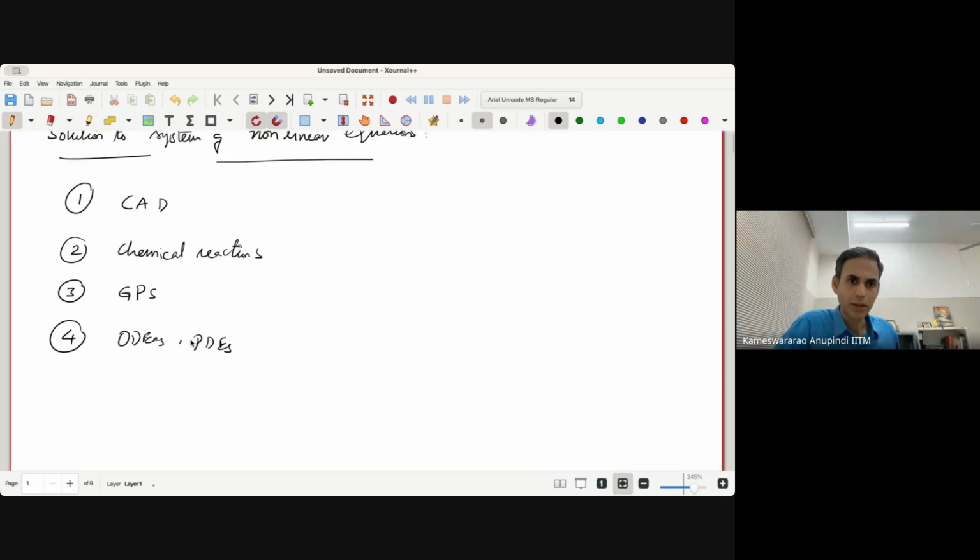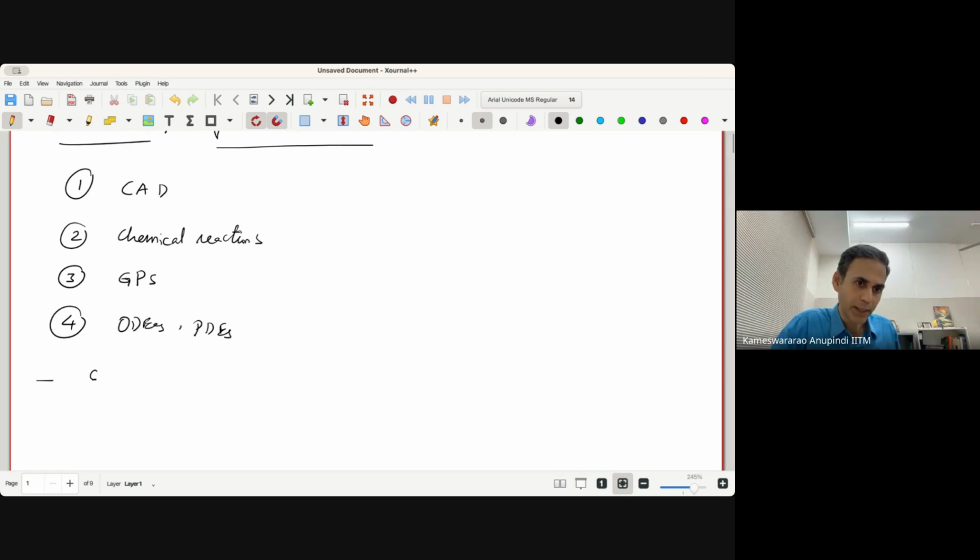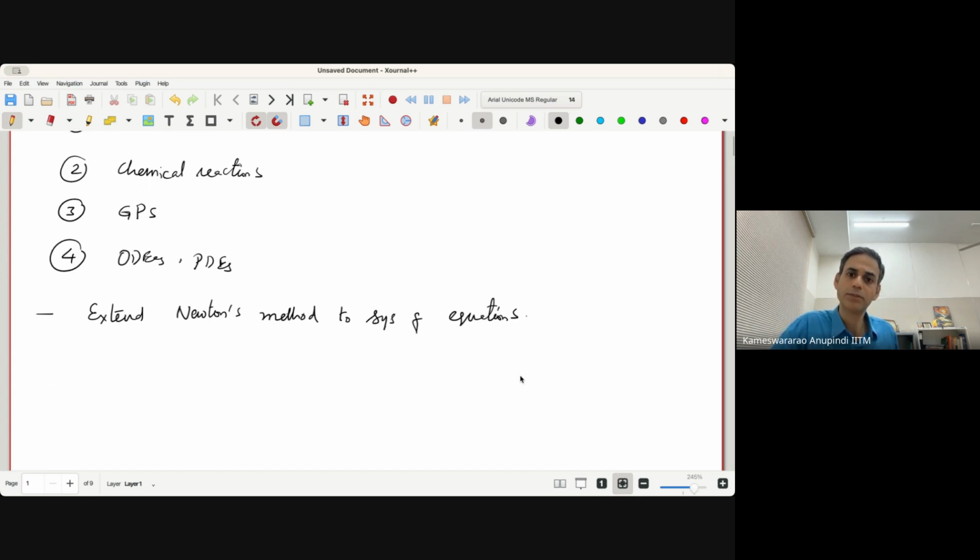And then one way is to extend the Newton's method that we have learned to system of equations. That means a natural extension of Newton's method exists, which can be used for solving systems of nonlinear equations. Now, in Newton's method, what we have done is we have linearized the nonlinear equations and solved them repeatedly.